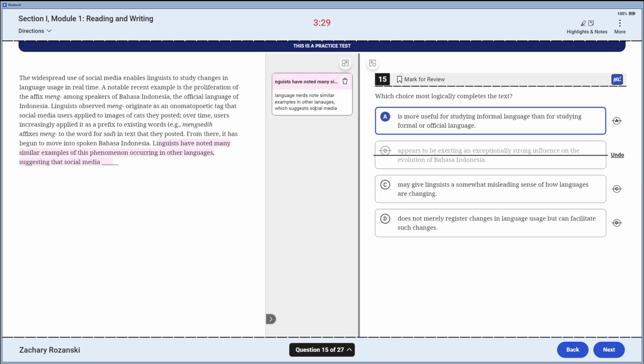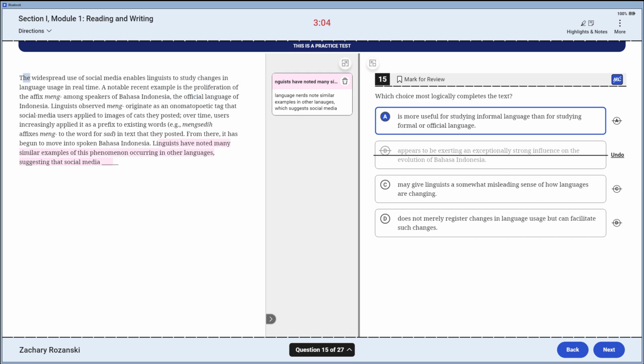Language nerds note similar examples in other languages suggests social media may give linguists a somewhat misleading sense of how languages are changing. I need to read more. This is huge. I've got 3 minutes, so I'm gonna relax. A notable recent example is the proliferation of this thing among speakers, which is the official language.